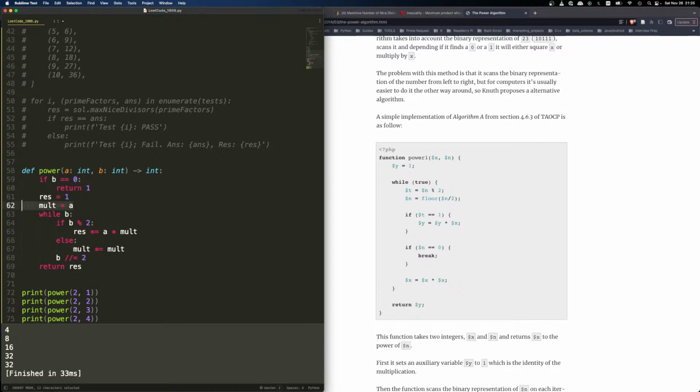No. Why is the result wrong? We say if it's divisible, right? Then the res times equal to A. That is the input. And then A times A. What did I do wrong?